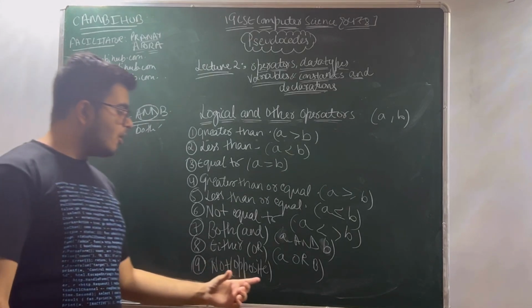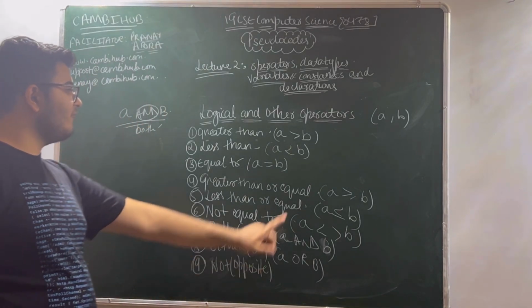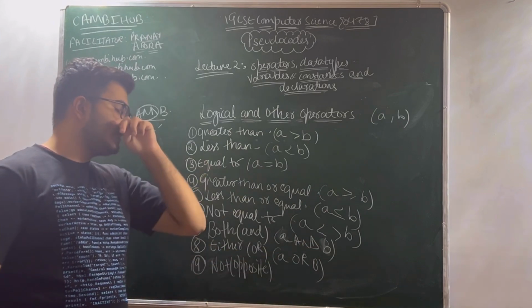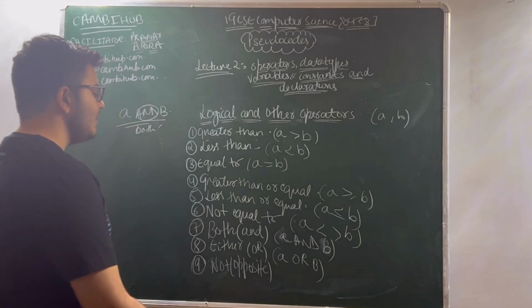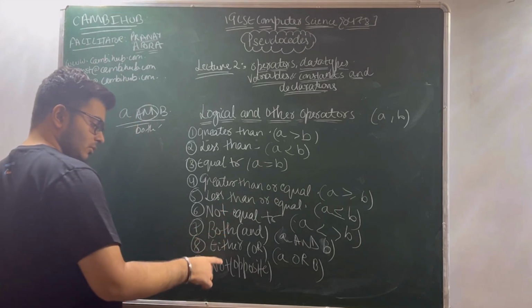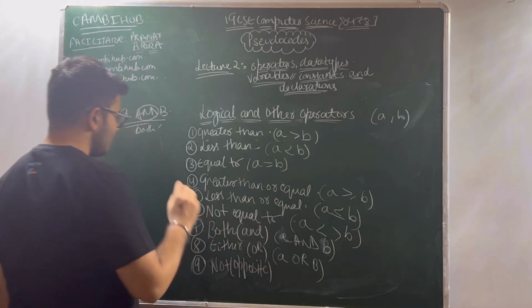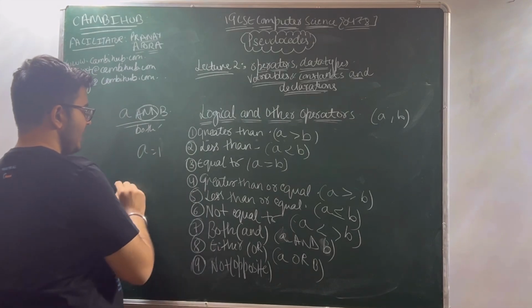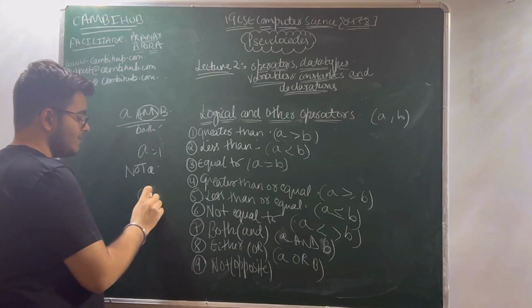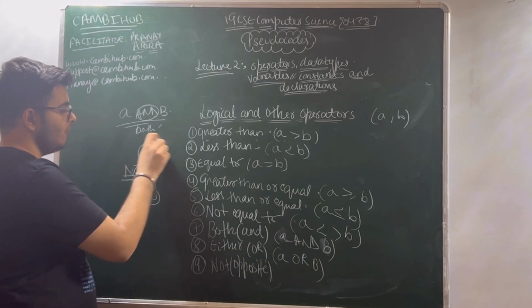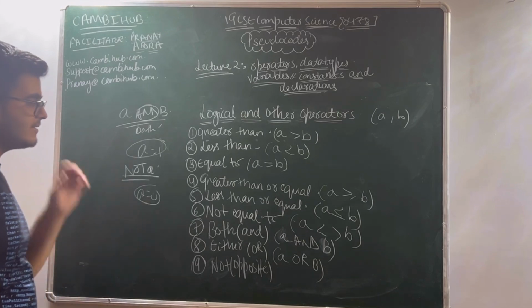If I have to do the opposite of A, this is only for a single operand. It cannot be A and B both, so it can either be A or B. NOT just means opposite. So if A is 1 and I do NOT of A, A will become 0, because NOT does the opposite of whatever the original value is.